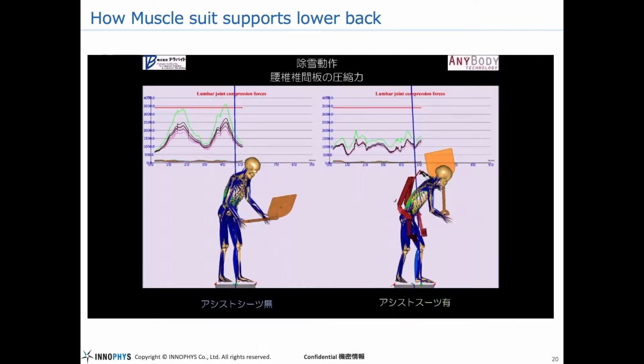On the left side, without the Muscle Suit, every time you try to lift the mud, the compression force goes up. But with the Muscle Suit, it's kind of flat. So you can see how different it will be. So this is how the Muscle Suit reduces the burden on the lower back and helps reduce the physical stress of the users.